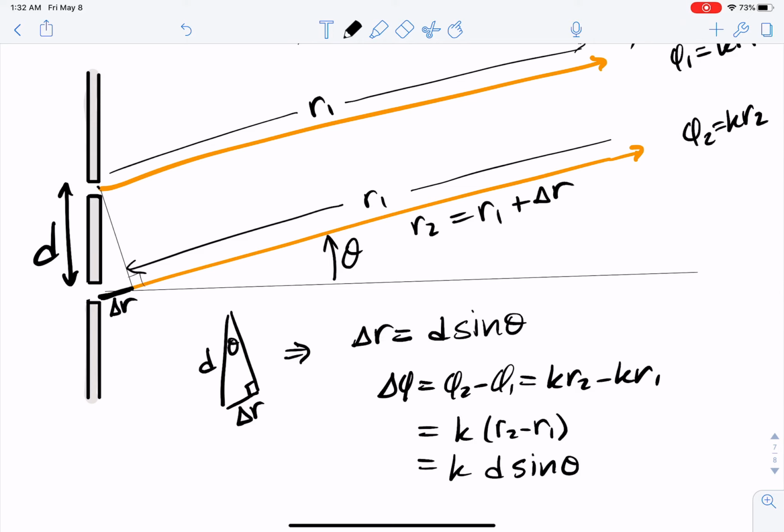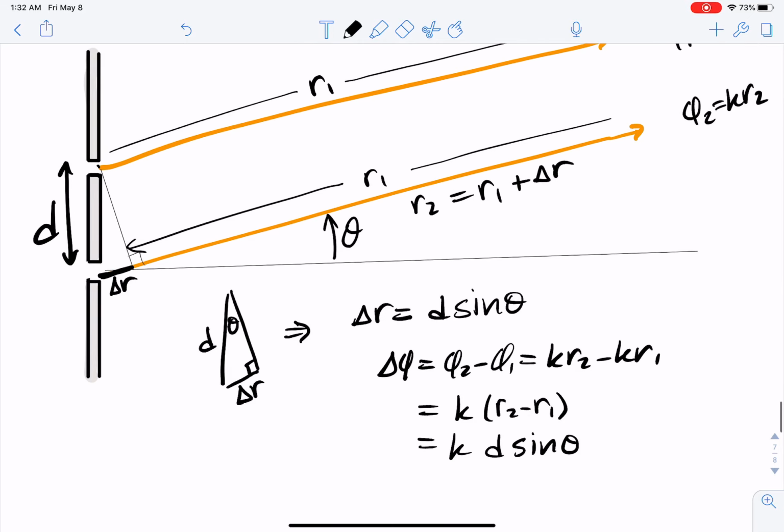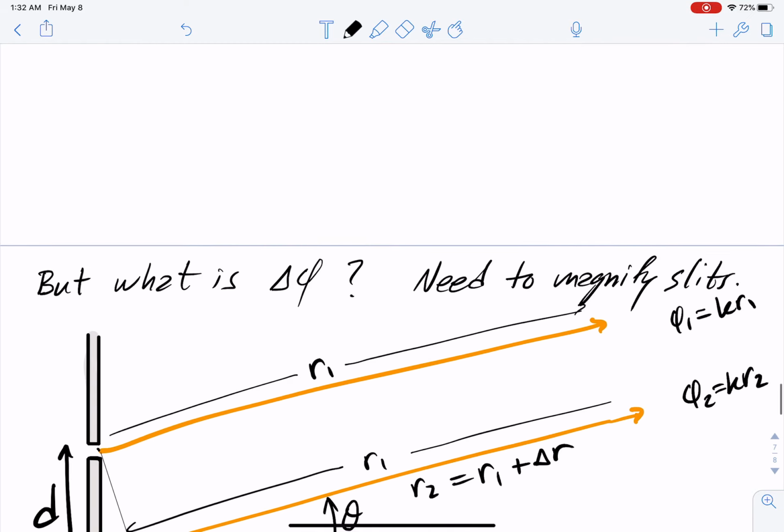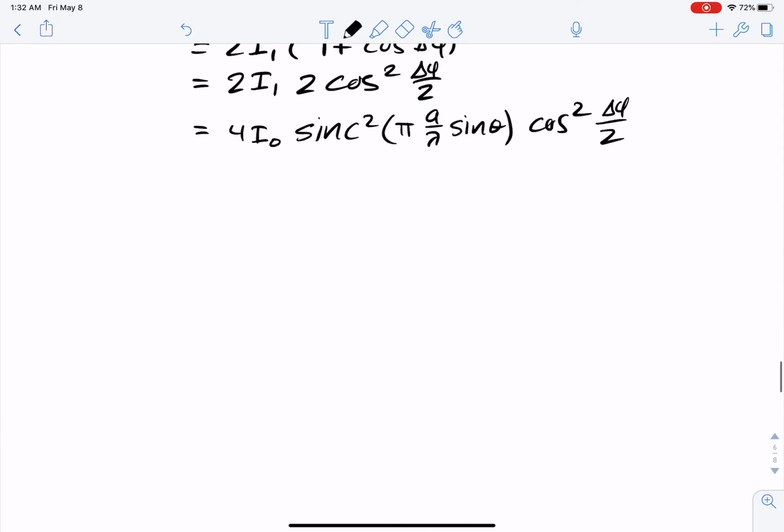Okay. Now let's go ahead and remind ourselves what the wave number is. Remember, it's 2 pi divided by the wavelength. So we could write it in terms of the wavelength also. Now if you remember what we had up in our equation up here, it was actually a difference in phase divided by 2.